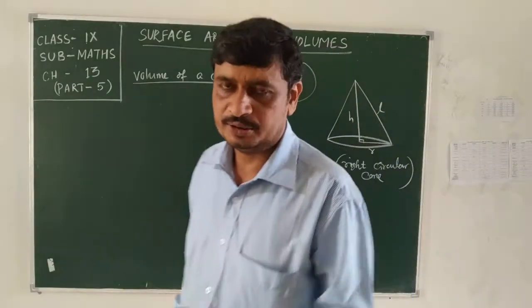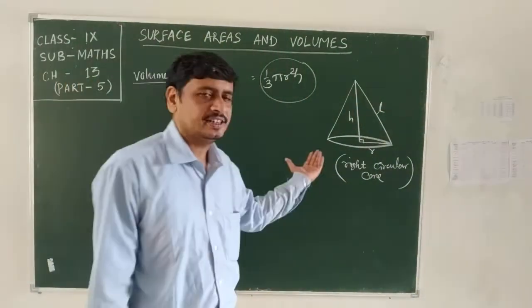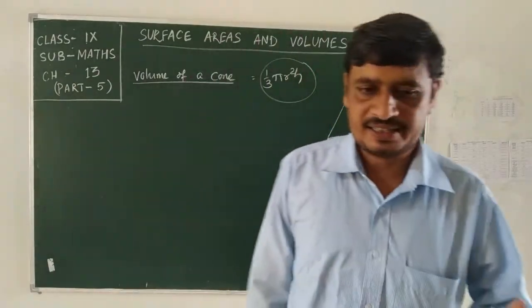How is this formula used to find the volume of any right circular cone? Let's discuss with one example here.